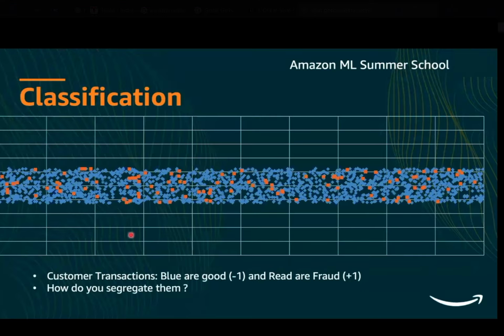Now, let's look at a problem of predicting if a customer transaction is fraudulent or not. On the figure, what you see is the order stream, right? The blue points are the good orders, and the red ones are fraudulent orders.